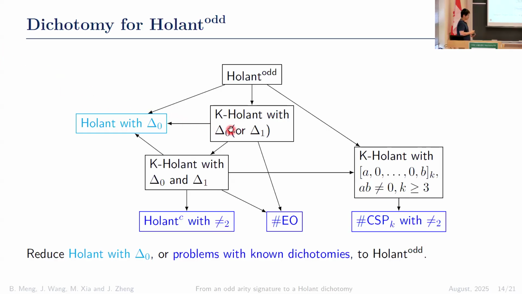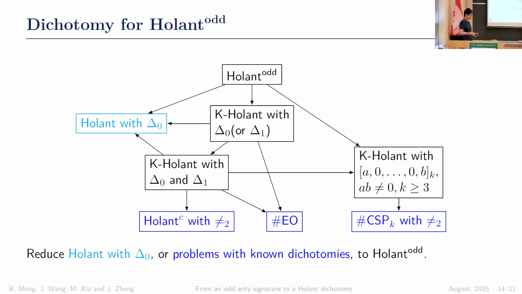For a dichotomy, we always want to say that in some cases there are algorithms, and in some cases it is #P-hard. And actually, there are 7 tractable cases: 5 cases are polynomial time computable, and for 2 cases we only know that it is in FP^NP.